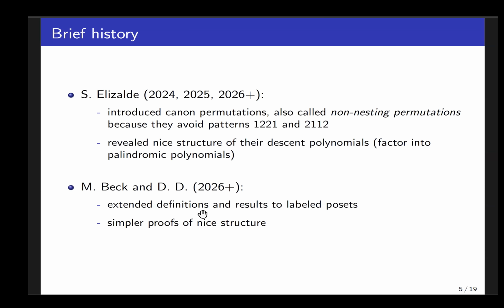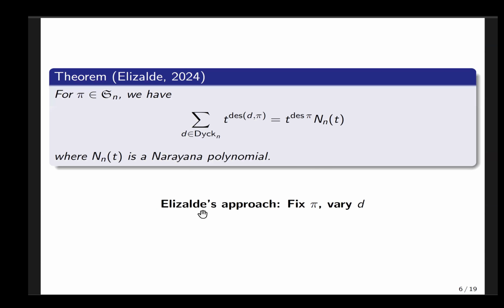But now for this talk, so that's the setup. And for this talk, we're not going to think about all possible Dyck paths and all possible permutations labeling them at the same time.